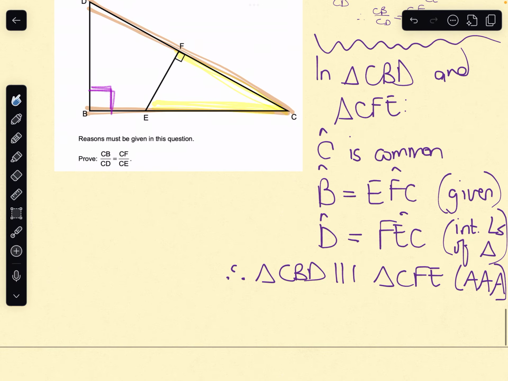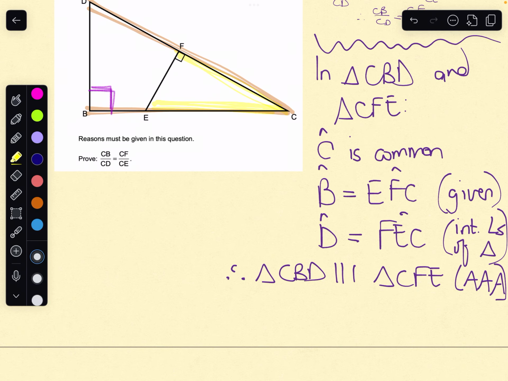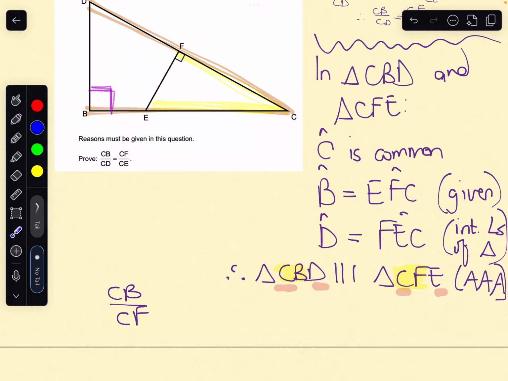Right, and then from there what we are interested in is CB, CF, and CD and CE, right? So this similarity that we've proven shows us that CB over CF is equal to, this is not going to go where I wanted to go, but anyway, is equal to CD over CE, right?